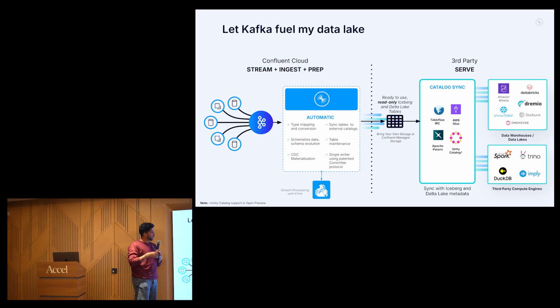So what we have done is the stream is divided into two. The first part is what is already materialized into Parquet. The second part is the new data which is not yet there. So if you run queries in Confluent Cloud Flink, it utilizes both. You use the Parquet for the old data, and for the new data you get it from Kafka. So you have sub-second latency on your queries.